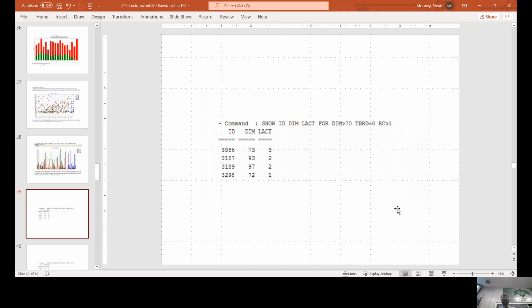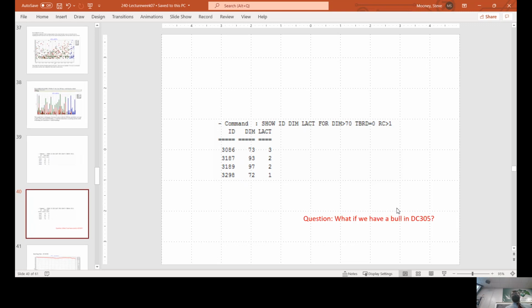So animals that we need to breed or get bred soon, greater than 70 days, no breedings, rack code greater than 1. Rack code of 1 is what? Do not breed. So what happens if we have a bull in our dairy comp?